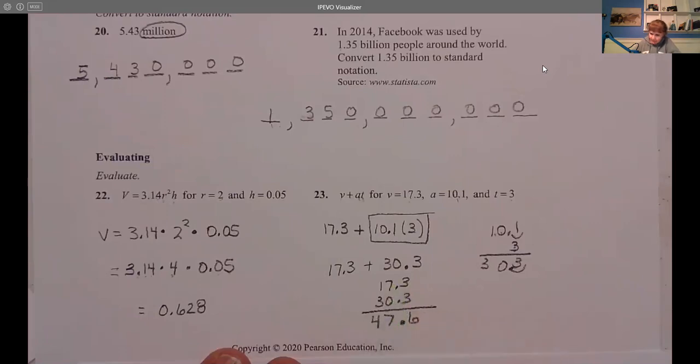So this would give you 47.6 meters per second would actually be the units. They don't seem to care about the units, so we'll just go with 47.7, or excuse me, 47.6.